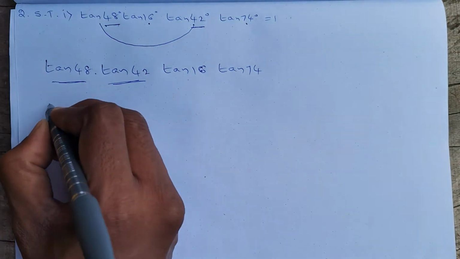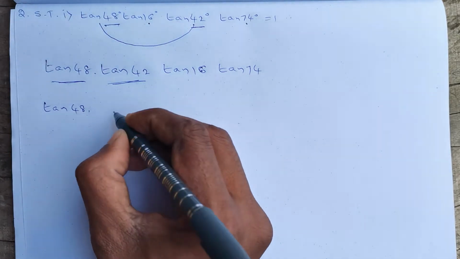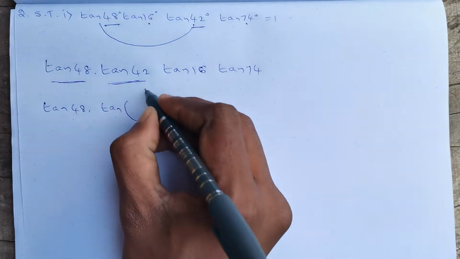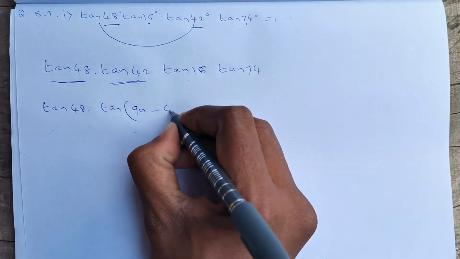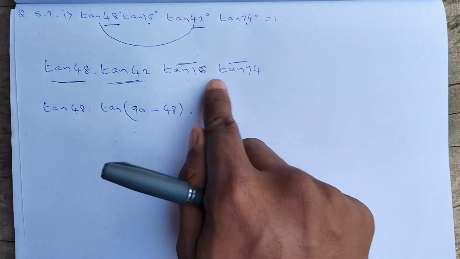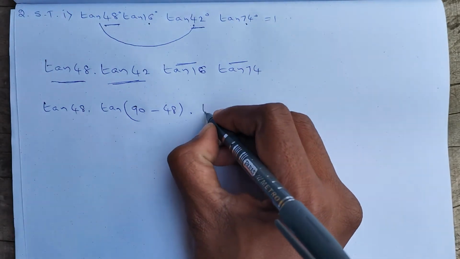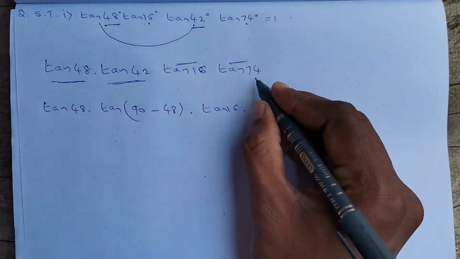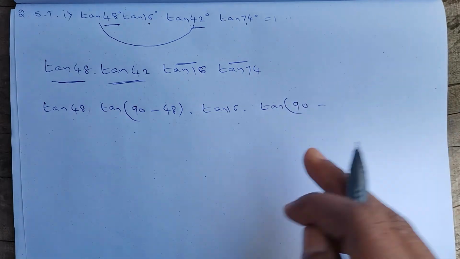I am keeping the first one as it is, tan 48, times the second one I am trying to change. So tan 42 can be written as tan of 90 minus 48. Next, out of 16 and 74, any one we need to change. First one as it is, tan 16, times tan 74 written as tan of 90 minus this angle 16.